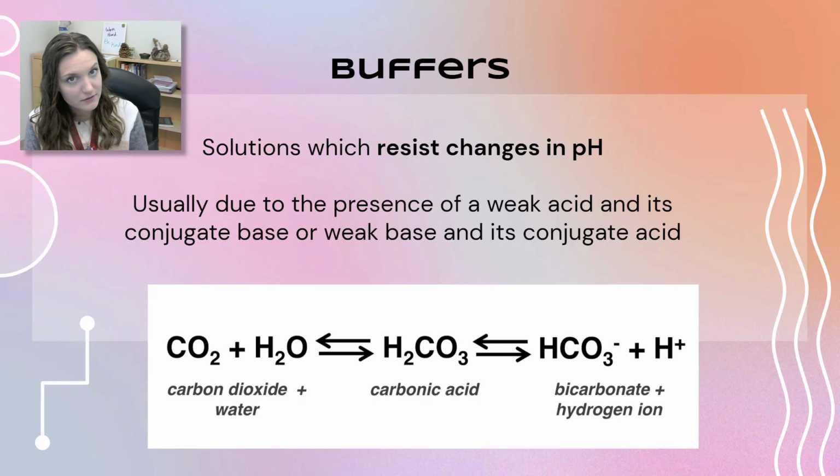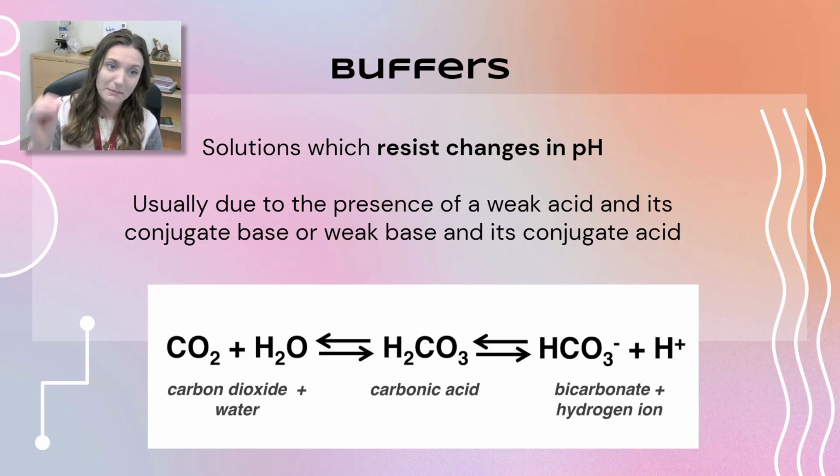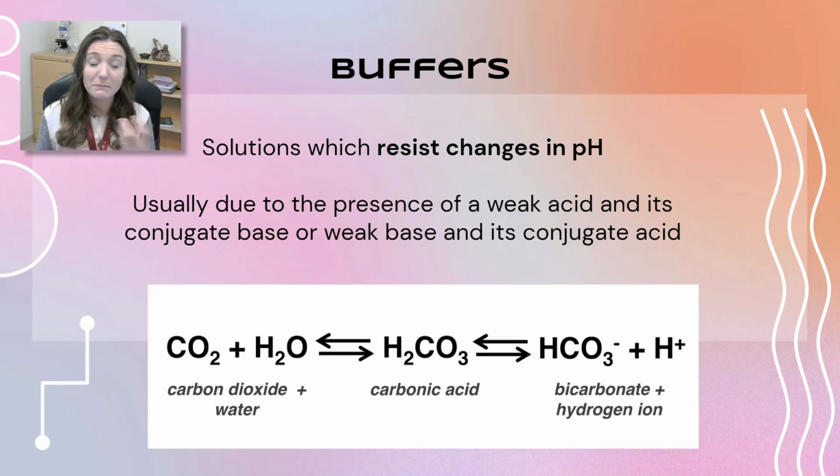These buffers are usually due to the presence of a weak acid and its conjugate base, or vice versa, a weak base and its conjugate acid. What I mean by that is when we have, for example, carbonic acid, H2CO3, this is an acid that's going to donate a proton.